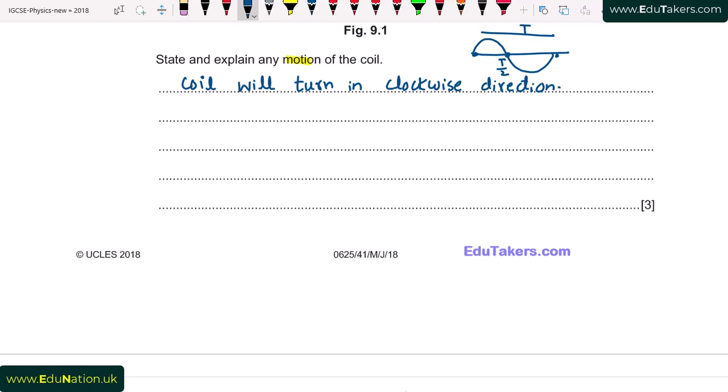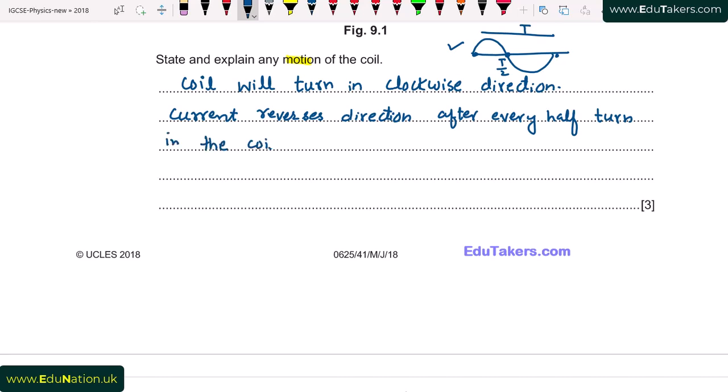So I write here, current reverses direction after every half turn in the coil, so that the coil will continue to turn clockwise.